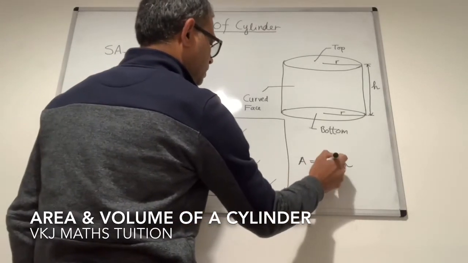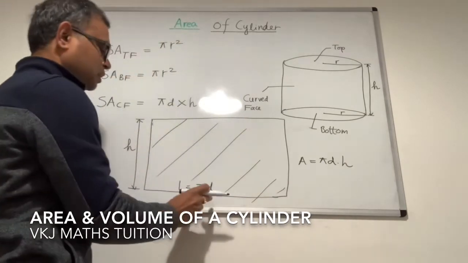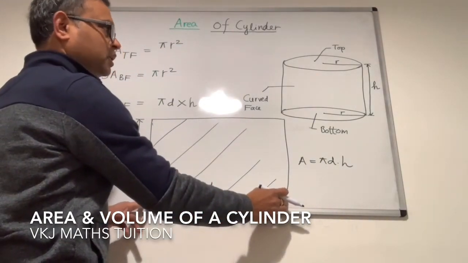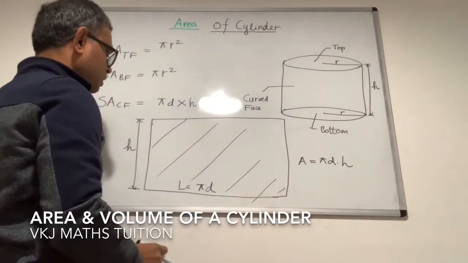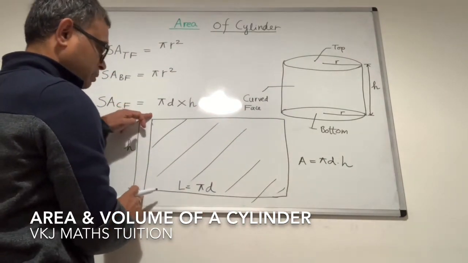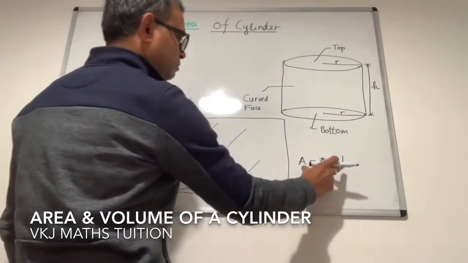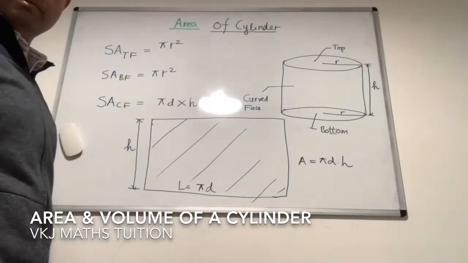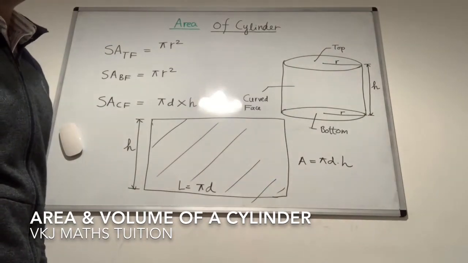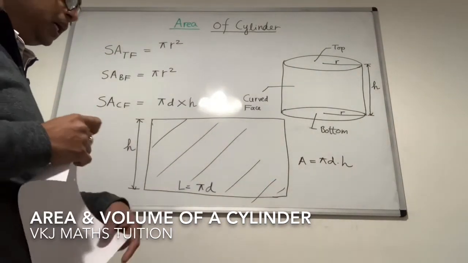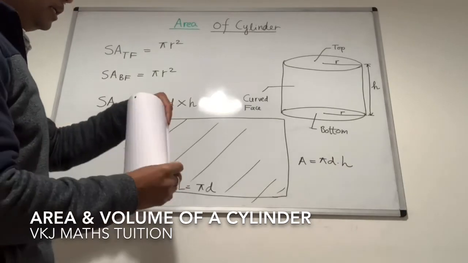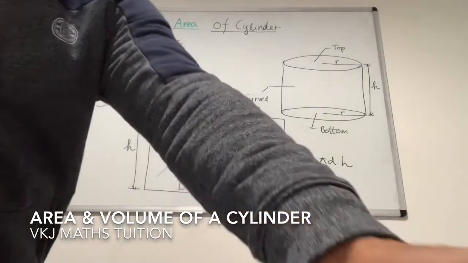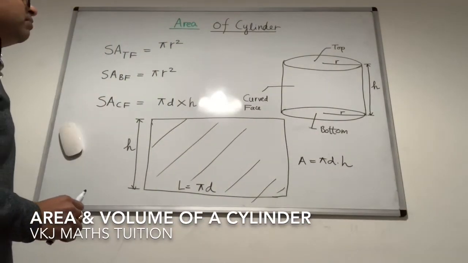The length is pi d, which comes from slit opening the cylinder, and the height remains as it is. The area of the rectangle becomes pi d into h, and when you roll it into a cylinder, it becomes the curved face. You already knew this, but it is a little more explanation of where it comes from.